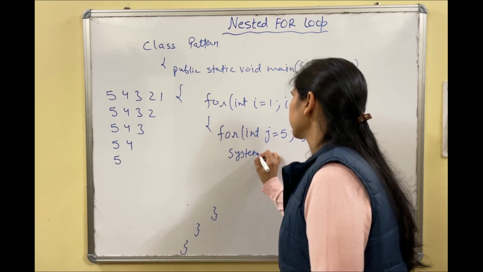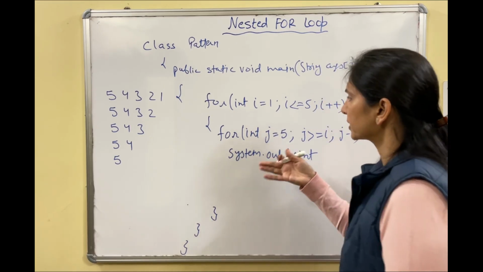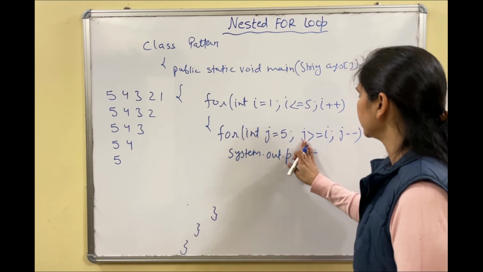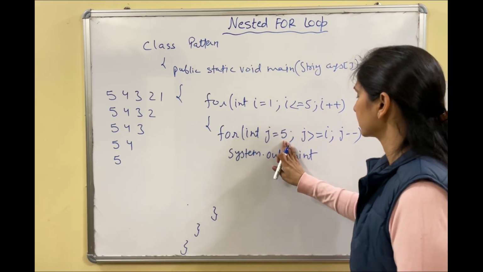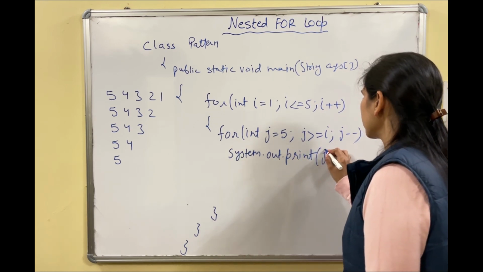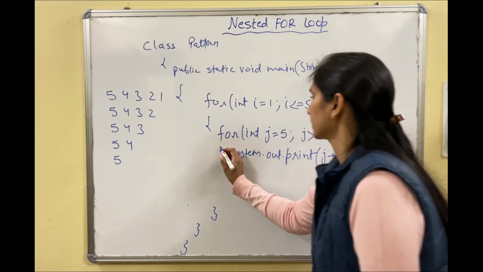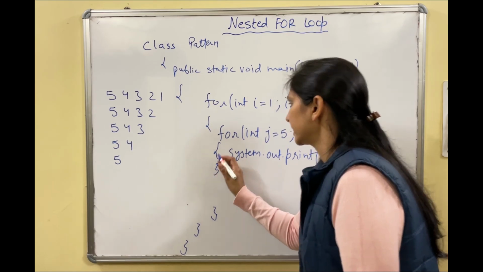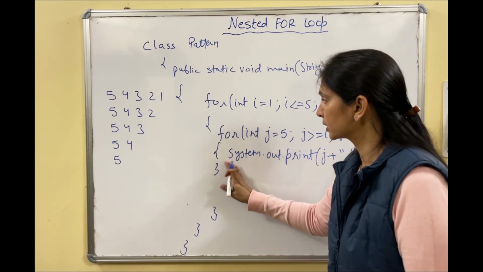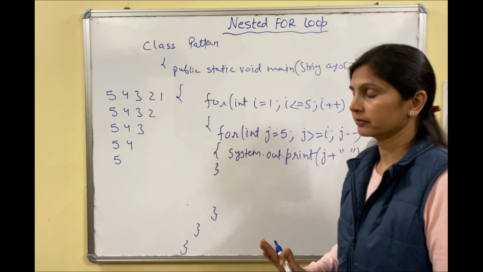We write System.out.print. We are displaying J only, because when I is 1, J will go 5 4 3 2 1. When I is 2, J will go 5 4 3 2. So if we display J with space, the purpose will be solved, right? And as there is one statement, again I am telling you it's not mandatory to give brackets, but at the initial stage you have to understand where the inner loop is and where the outer loop is. That's why I am putting this bracket, fine?